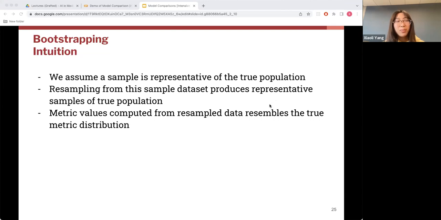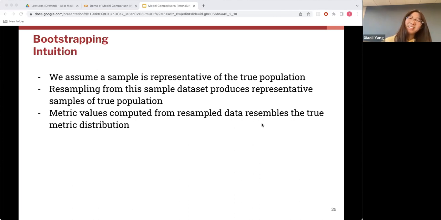Then we keep resampling from the sample data set to produce representations of the true population. We compute metric values from these representative samples in the hope that their distribution will resemble the true metric distribution.